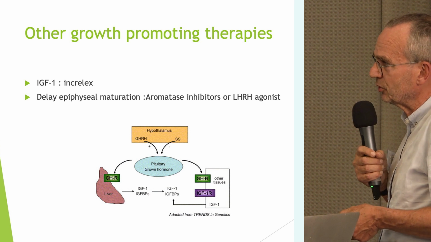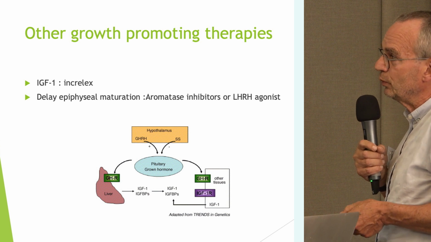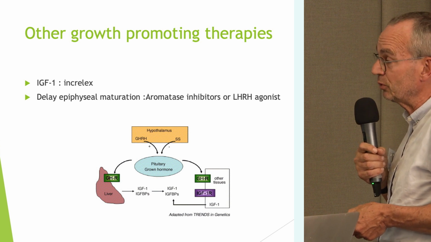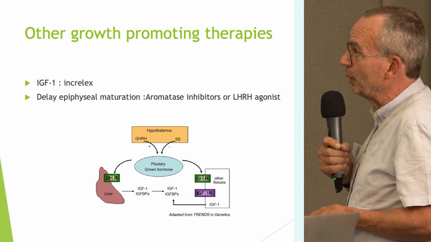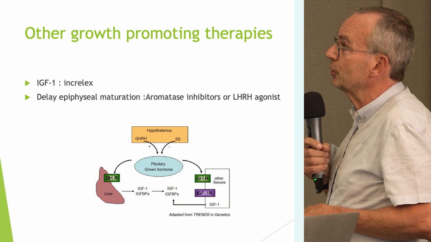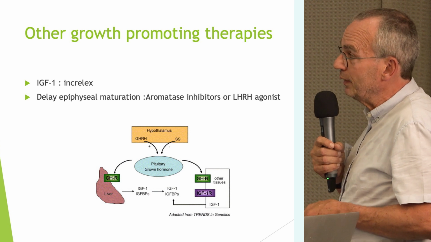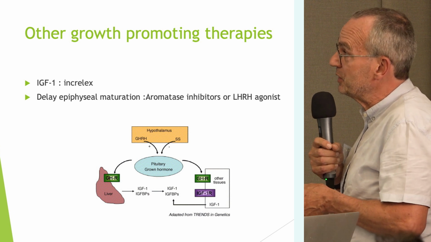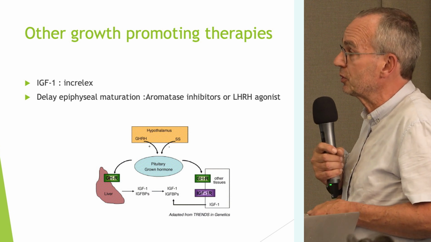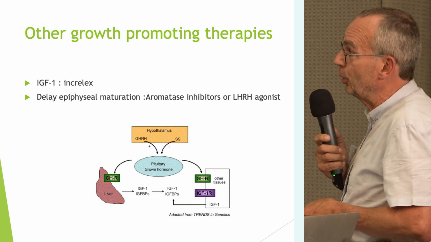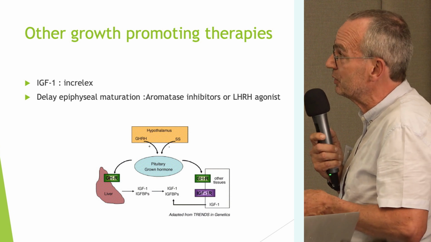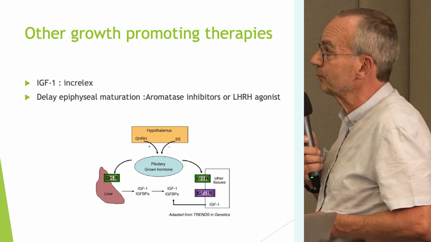So, as discussed earlier, not only can we have problems with growth hormone secretion, but on the whole pathway, there can be problems making a child not grow well. So when the problem is in the IGF-1 molecule, then of course you can have high growth hormone levels, but low IGF-1 levels, and these patients can be treated with Increlex.